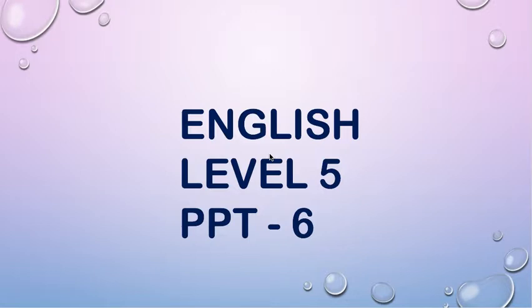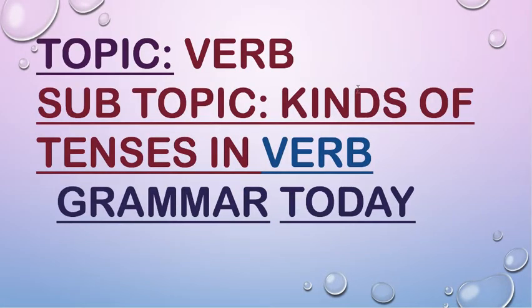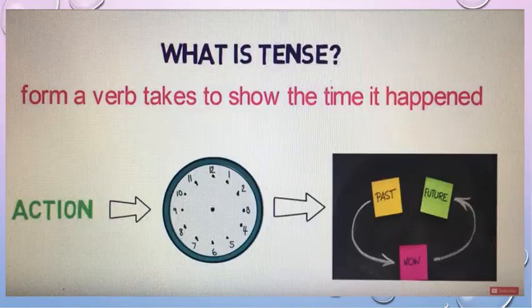Okay, so students, in our previous video, we learned about tense and types of tenses in verb. Today we are taking up a new subtopic, that is kinds of tenses in verb. In order to know the kinds of tenses in verb, first we need to know what a tense is. A tense is a form a verb takes to show the time it happened.